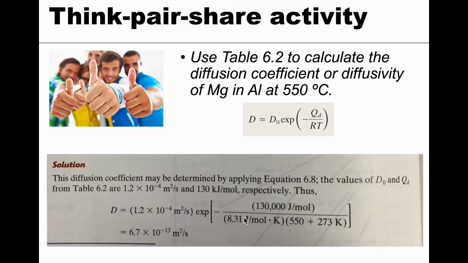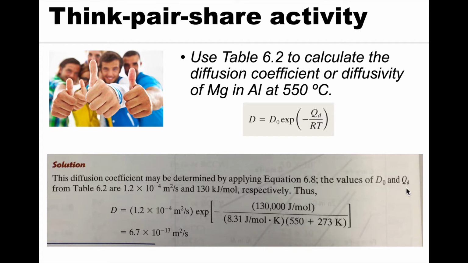If we do that, Kelvins cancel out, joules cancel out, the moles cancel out, and what we're left with is just the units of the pre-exponential, which are meters squared per second. And we see that the diffusivity is 6.7 times 10 to the minus 13 meters squared per second. So that's how we can calculate it, pretty straightforward if we know those values of D naught and QD.